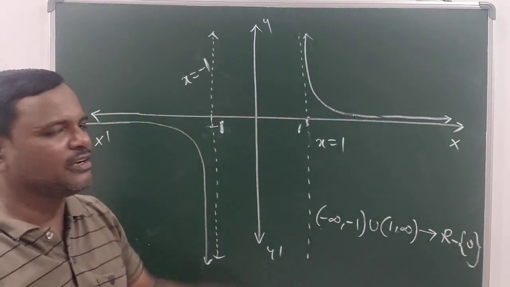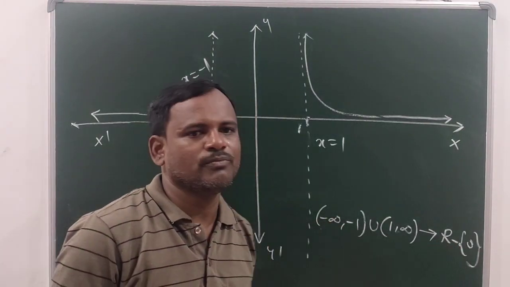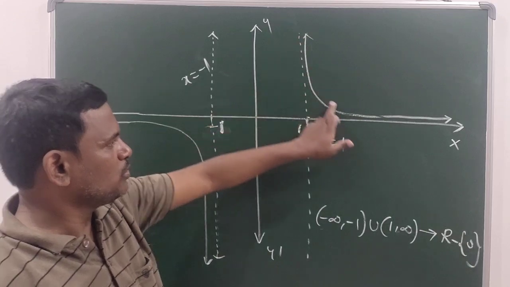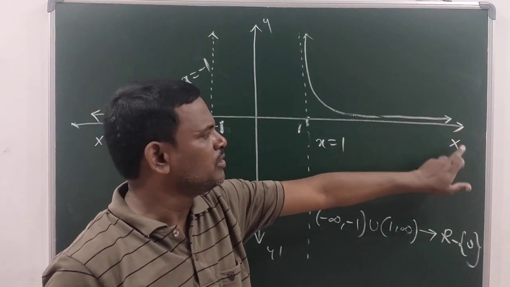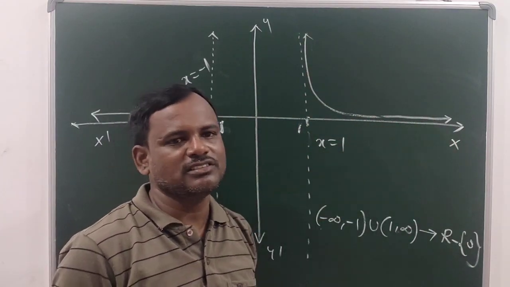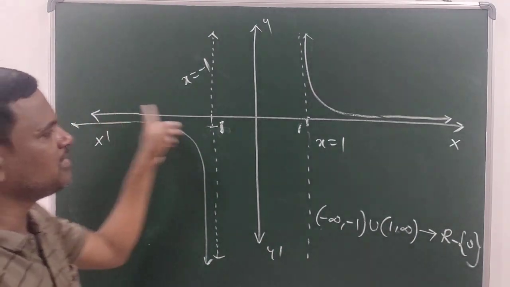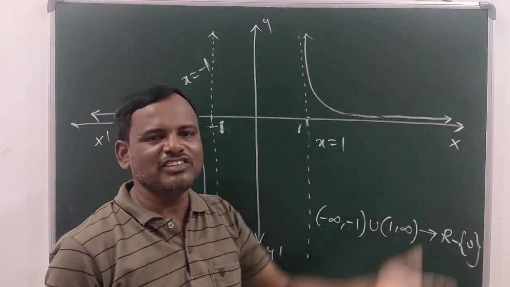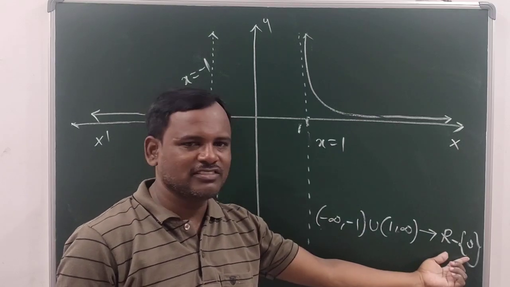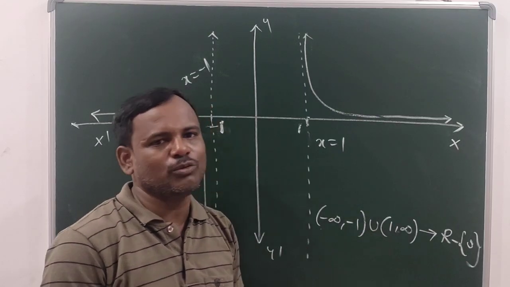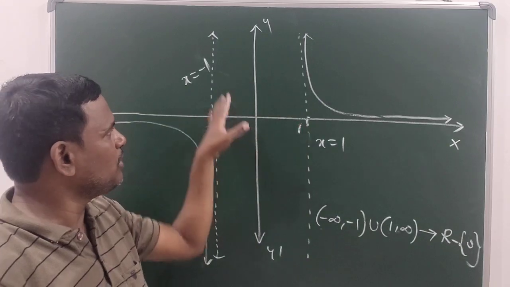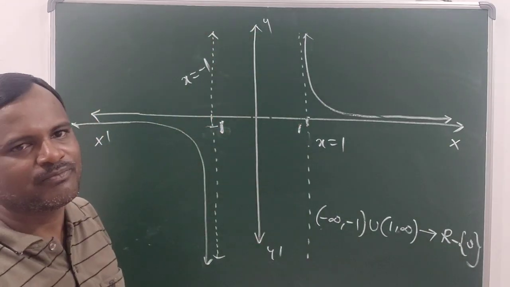Where you got the break? In the range 0. It goes like this. It is very close to x-axis but never touches, because on the x-axis y value is 0. Y means here range. Y represents range, x represents domain. In the domain -1 to 1, no graph.